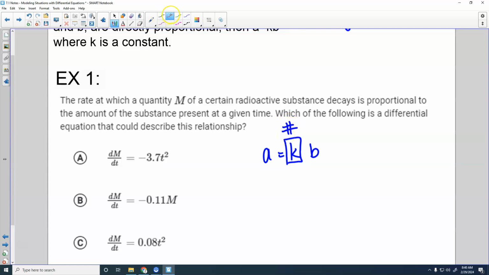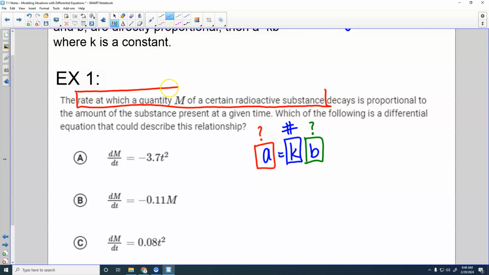What we need to know is what is this variable and what is this variable, right? When you see is proportional to, that is an equal sign, some sort of constant times the other variable. The first variable that we have is the rate at which m of a certain radioactive substance decays.